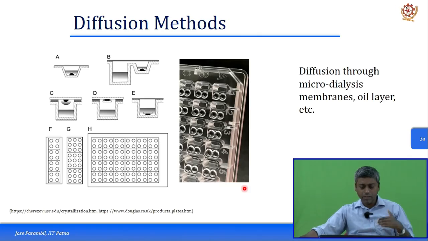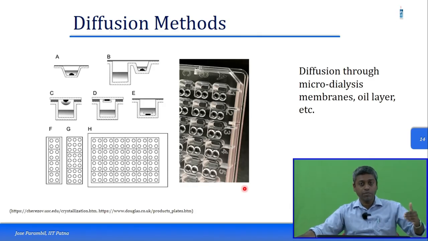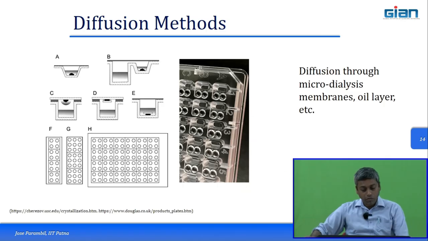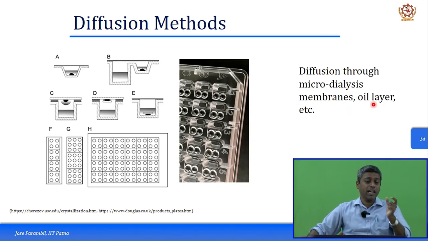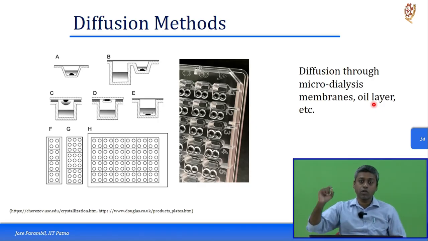But there are other ways as well to control the diffusion and ensure very small changes in concentration. One common method is called microdialysis membranes, or you could even have a small oil layer on top of the droplet in order to reduce the evaporation rate.